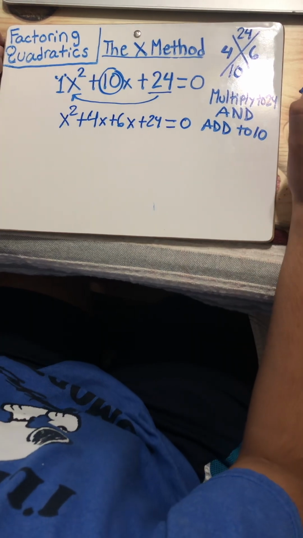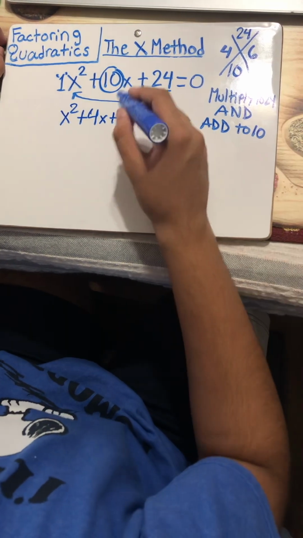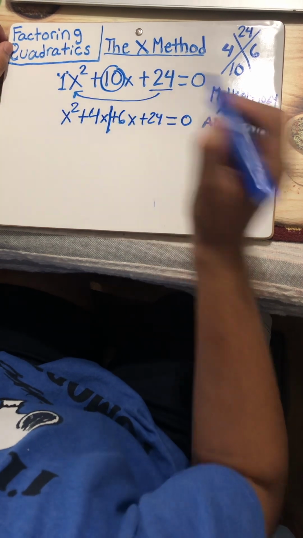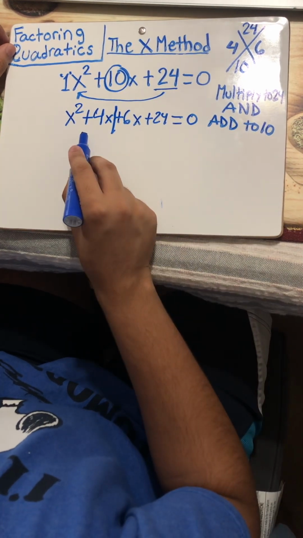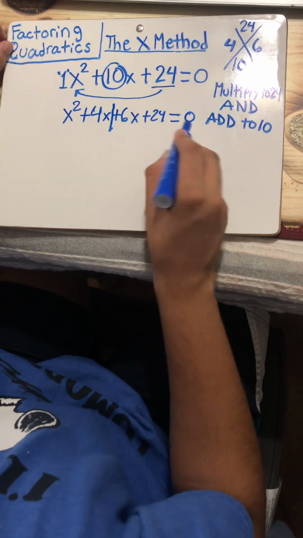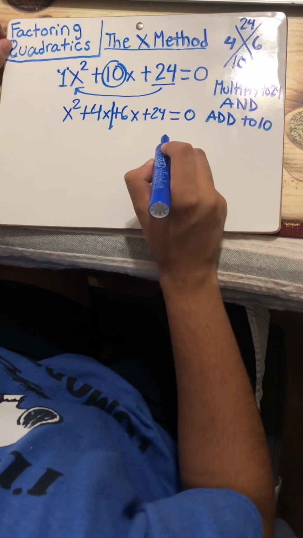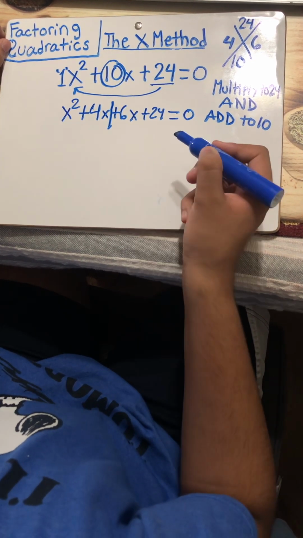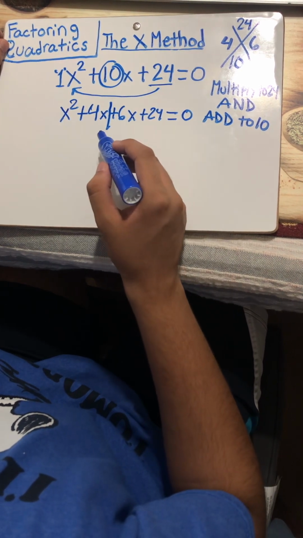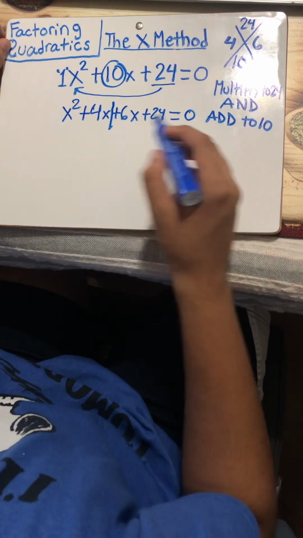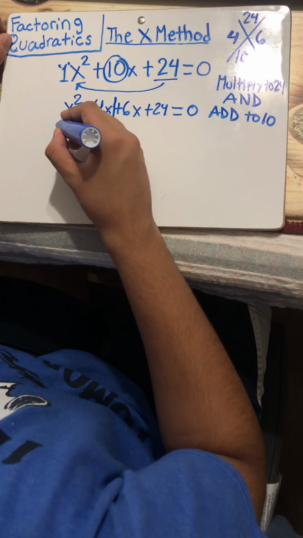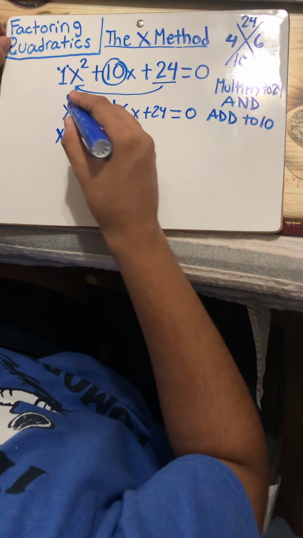All right, now we must split this equation in half right down the middle like this. We now have two expressions, x squared plus 4x and 6x plus 24. Now we have to factor these two because our ultimate goal with these types of problems is to solve for x.